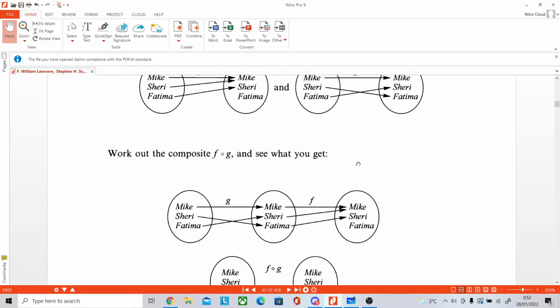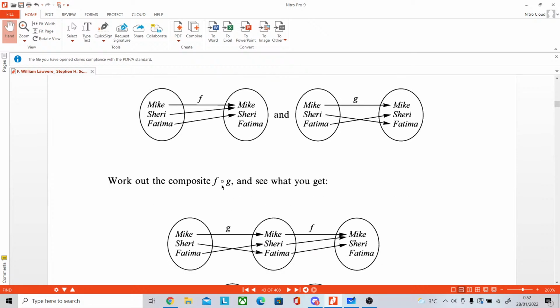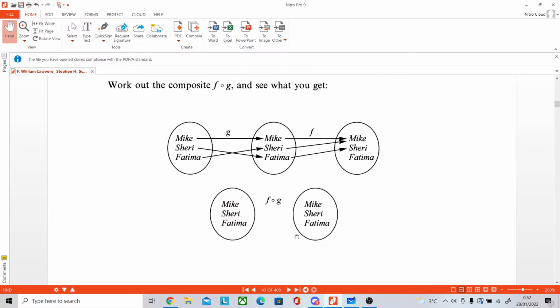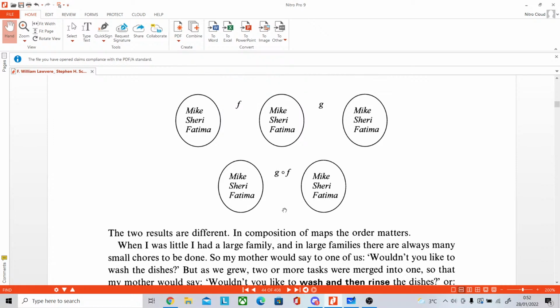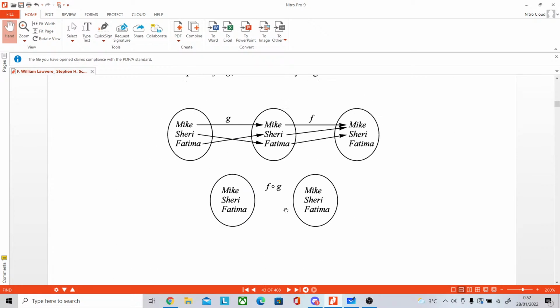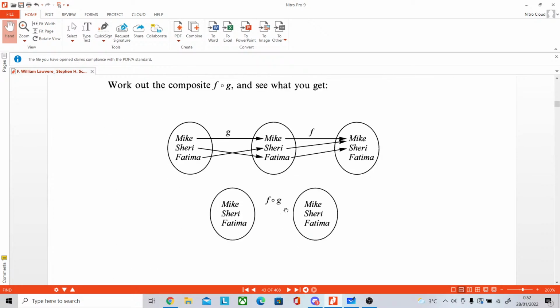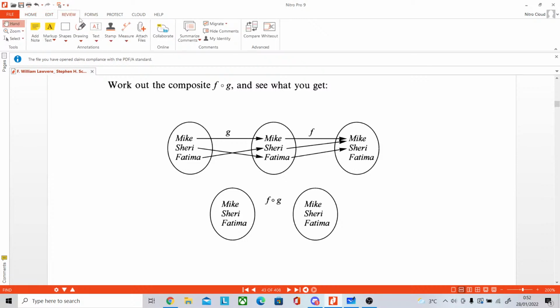So this is FG. If you compose them together, you get this thing here. I guess it wants us to fill it out for ourselves, which let's do just for illustrative purposes.